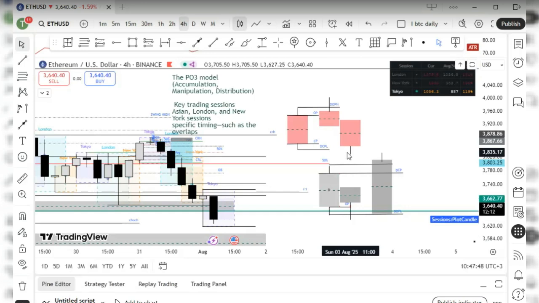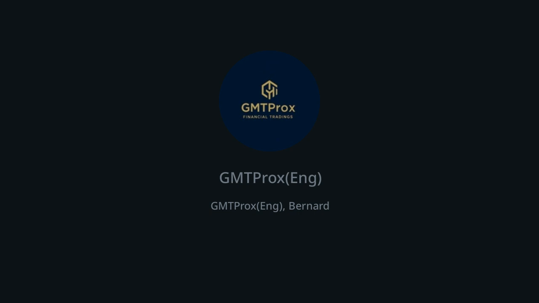And for 4 hours, it gives you four 1-hour candles. So you can go to the 1-hour time frame and look at the 4 candles, and look if you have a range, you have a manipulation, and then you look for the distribution.